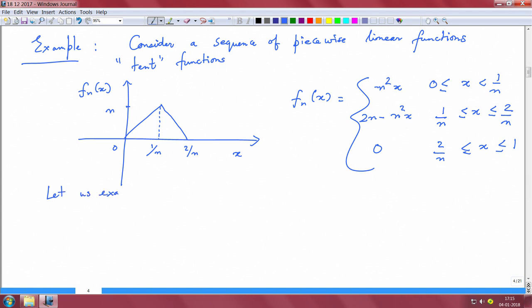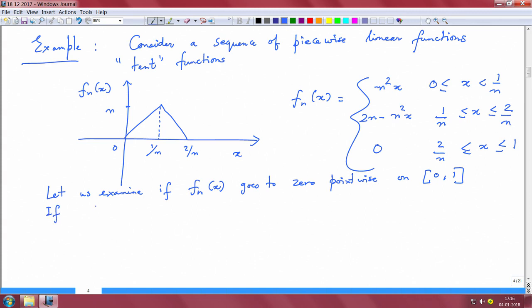Let us examine if f_n(x) goes to 0 pointwise on the interval 0 to 1, which is closed on both sides.